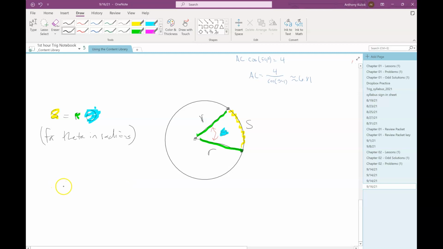So for example, if the radius is 9 and the arc length is 12 or whatever, and you want to find theta, 12 is equal to 9 times theta.